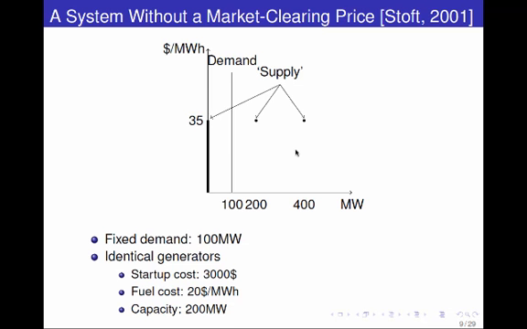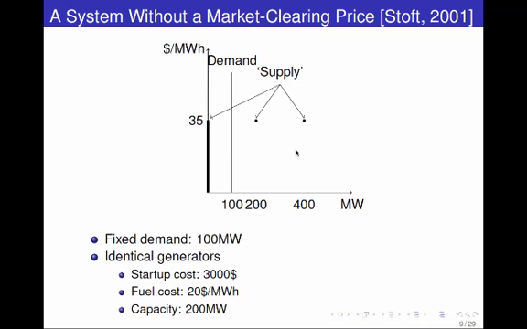Think of this unit as running for 1 hour. What will be its total cost? 3,000? 3,020? It's 20 per megawatt hour. Okay, 20 times its production.